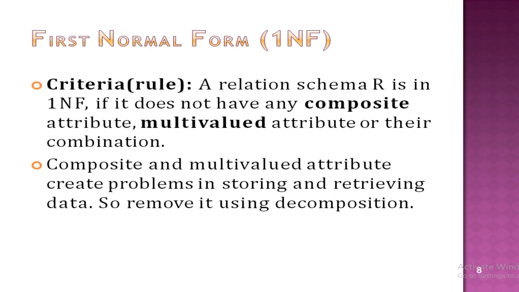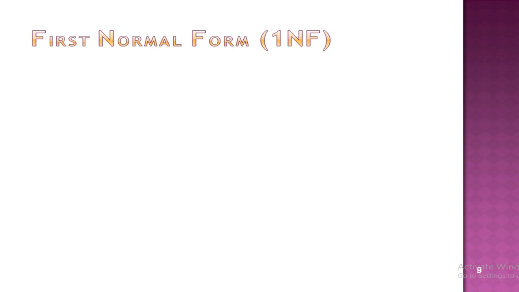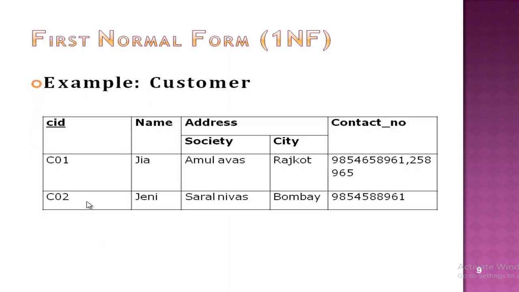So you have to write this example. First, the customer table contains two records, Jia and Jenny. Their society is Amul Awas and Saral Nivas, and city respectively Rajkot and Mumbai.